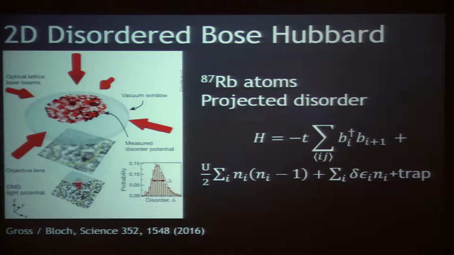Wouldn't there also be a possibility... Yeah, so in all these AMO experiments, tunneling aside from nearest neighbors is really, really small. It's down by 2 orders of magnitude compared to the nearest neighbor tunneling.